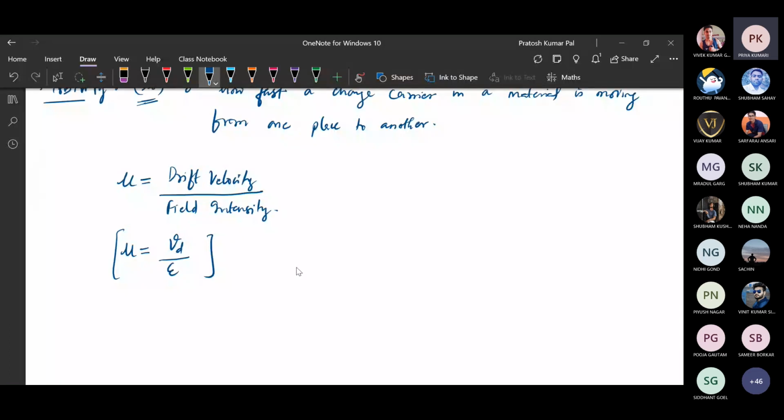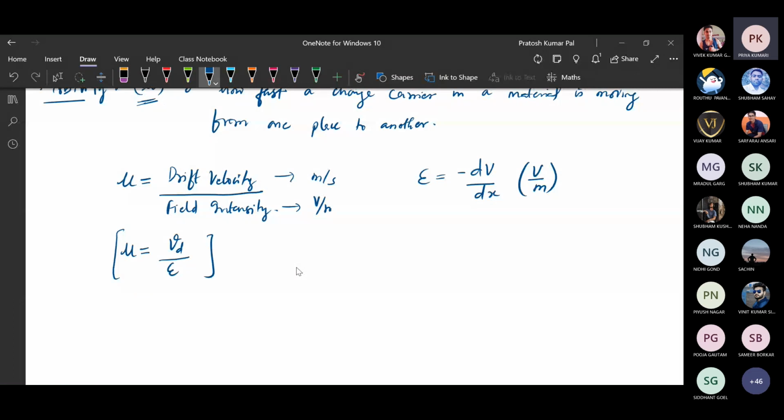The drift velocity's unit will be meter per second, and the electric field is given by minus dV by dx, as we have seen in the previous slides. So the electric field intensity will be volt per meter.